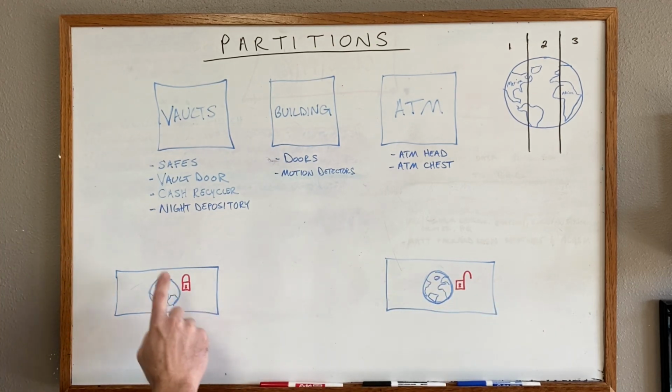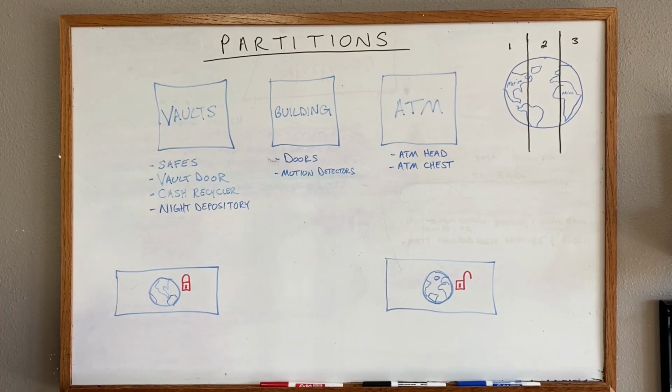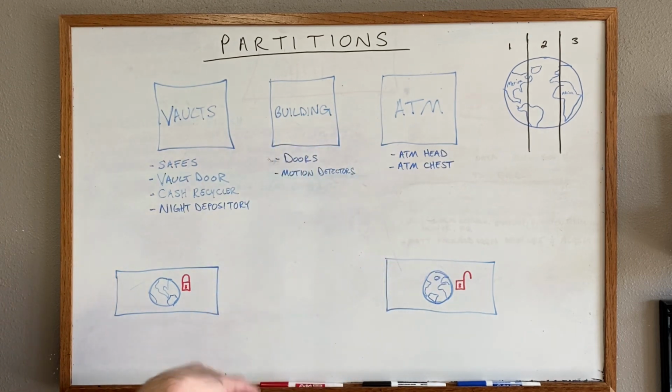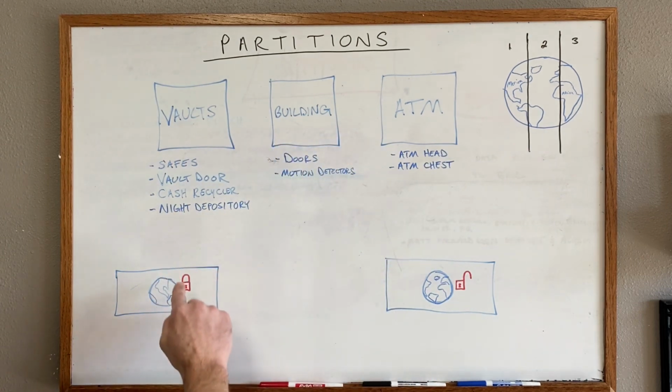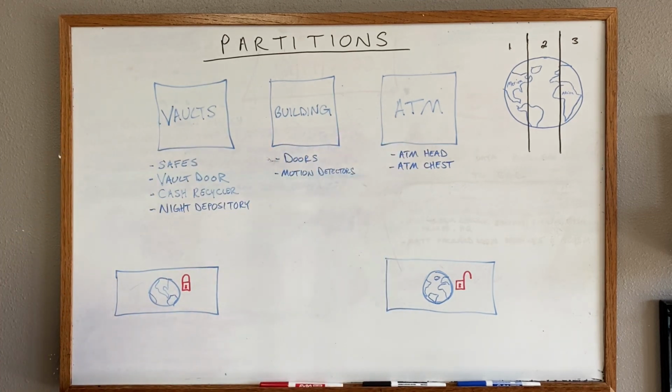Locked means that you're arming the system. Unlocked means that you're disarming the system. So if you had access to the full alarm system and all partitions, you would punch in your 4 or 6-digit code. You could push global arm and it would arm each partition. We'll go over to the keypads now and explain how you would do that on the keypad.